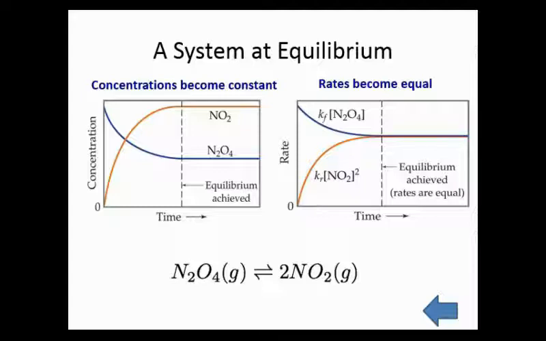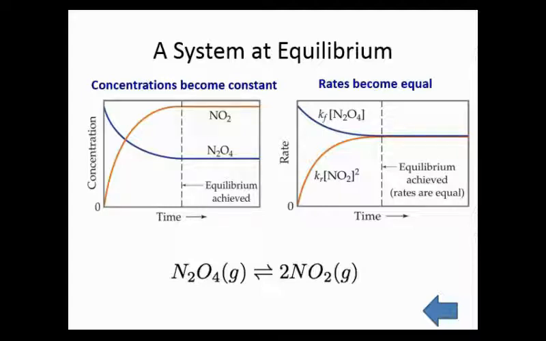So, this is a summary to interpret the equilibrium reaction. A system is at equilibrium when we can interpret the concentration of the reactants and products in a form of graph, and we can interpret the rate of the reaction in a form of graph.